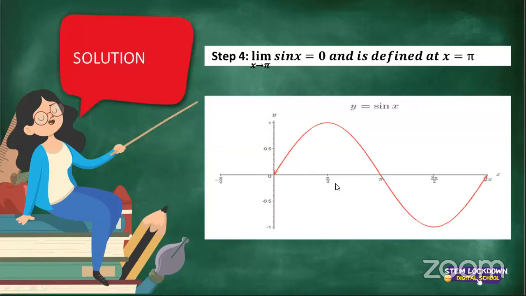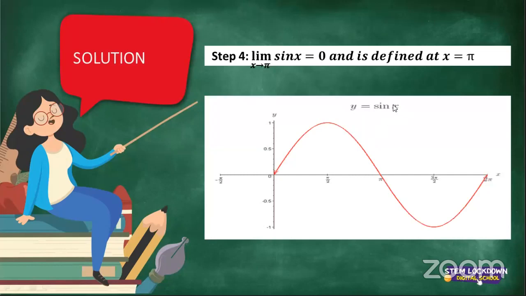Excuse me, ma'am. Yes. Why is pi in the center if pi is equal to 3.14? How is it in the center of the graph? No, I didn't include all the graph, so I'm just focusing on these points. If you plug in the value of pi over 2 in this function, remember our function is sine x, do you agree? Okay. So if you plug in pi over 2 in the function sine x, you will get a y value of 1.